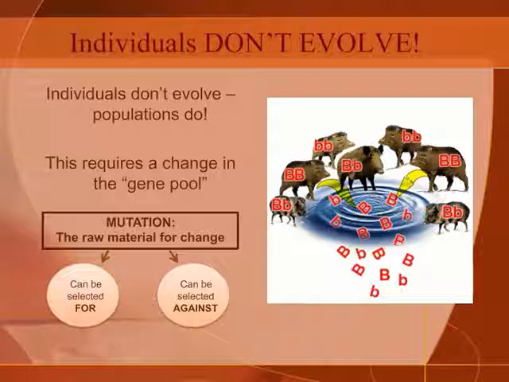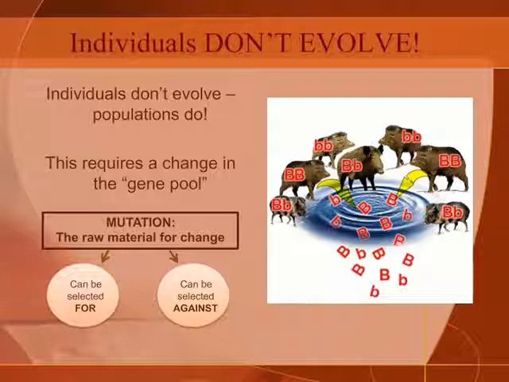We have a population of wild boars. Some of them have the genotype for a particular trait, big B, big B. Others have the genotype big B, little b, and others have the genotype little b, little b. Each of them expresses either the dominant or recessive version of the trait.